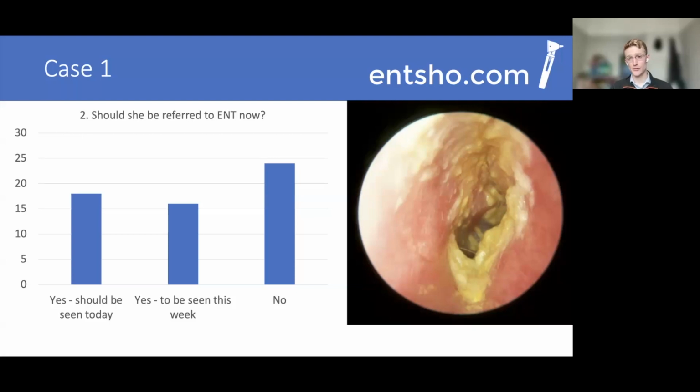And she's not had any treatment with topical antibiotic steroid drops yet, with only a 2-day history of symptoms. So it would be reasonable to ask the GP to initiate this treatment, and if that doesn't work, then see her in clinic. The no group, however, or to see them and do some suction. But as I say, it's very reasonable to ask for treatment to be initiated before seeing them in a clinic setting.